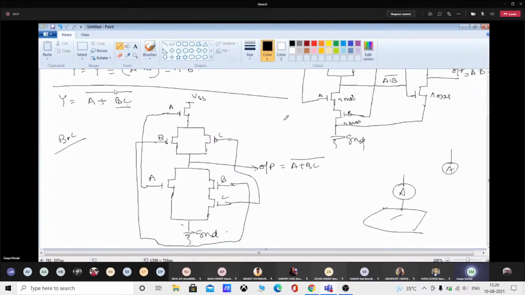So these are the diagrams using CMOS. These are very important in the VLSI part, but you don't have VLSI in the syllabus, so no issues. But you should understand all these things as mentioned in our syllabus.